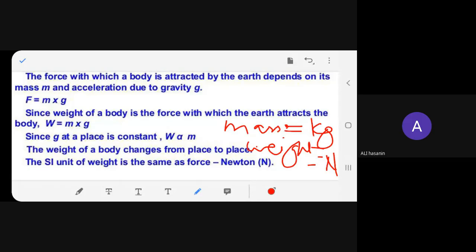Whereas mass does not have any force applied on it, so it remains kilogram. We often say weight is equal to kilogram, but actually that is mass. Weight is always measured in Newton. Mass is always measured in kilogram. Do you get the difference?